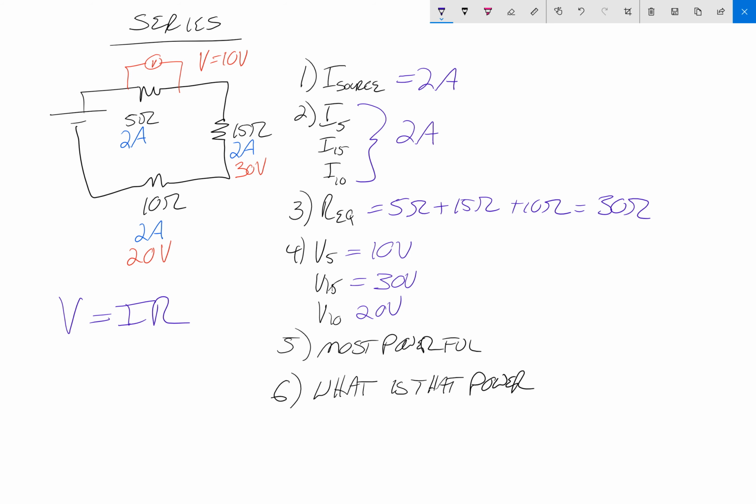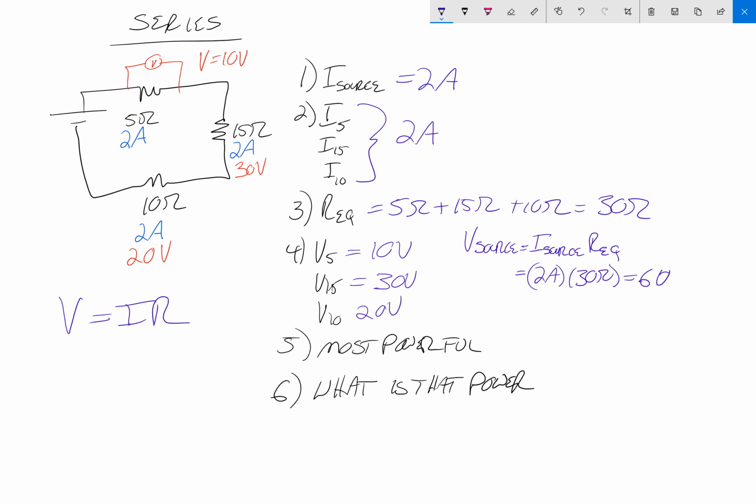As a side note, if you wanted to get the voltage of the source, you would take the current from the source and multiply it by the total resistance. Well, check that out. We get 2 amps times 30 ohms, and we get 60 volts.